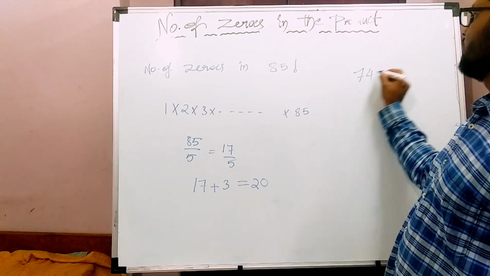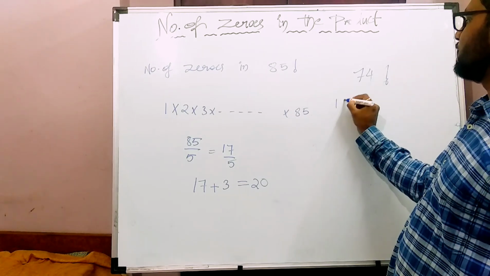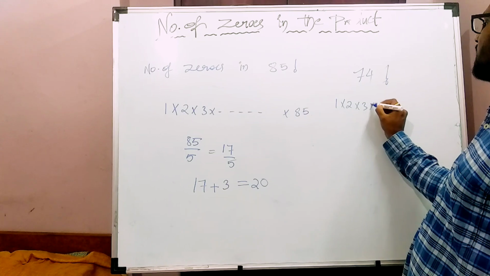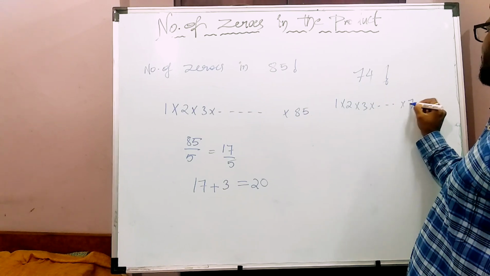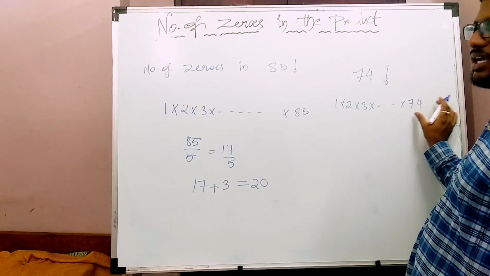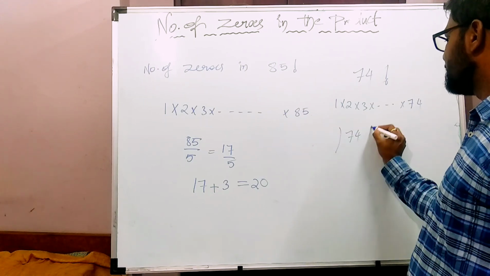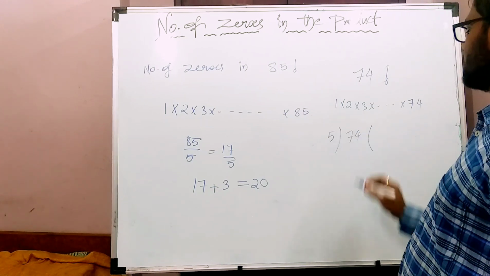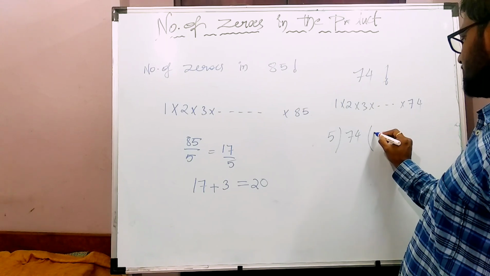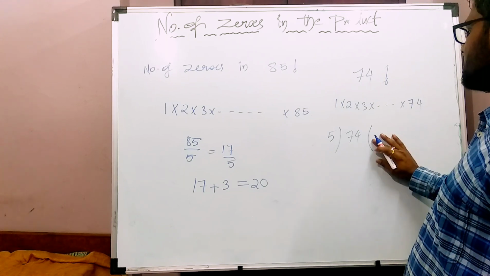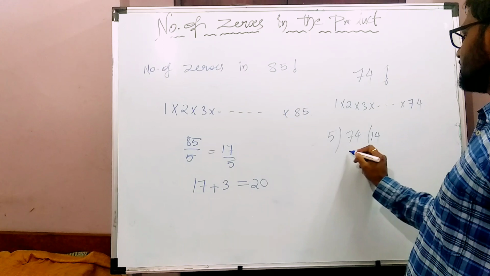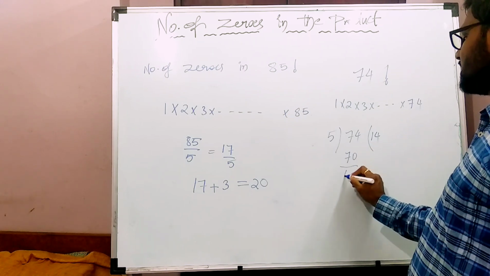74 factorial. That means 1, 2, 3 up to 74. So to find the number of zeros here, divide this 74 by 5. 5 fifteens are 75. So 5 fourteens are 70. So remainder is 4.